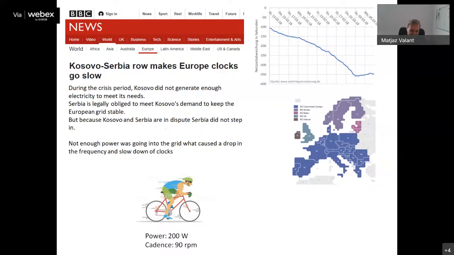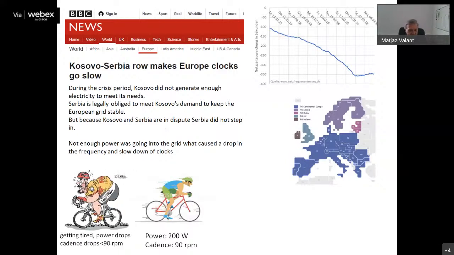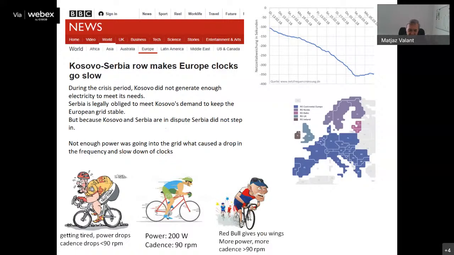But then he gets tired, I guess, and his power goes down. So what happens when the power goes down? He can't pedal so fast anymore, so his frequency of pedaling drops below 90 RPM. Or maybe he would drink some Red Bull and get extra energy into his legs, so to speak.